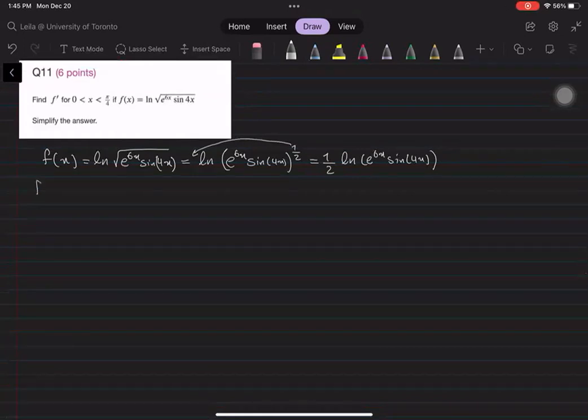Now you can take the derivative, and this makes it easier since you don't actually have the square root. So you have 1 over 2 ln of e to the power of 6x sine of 4x.